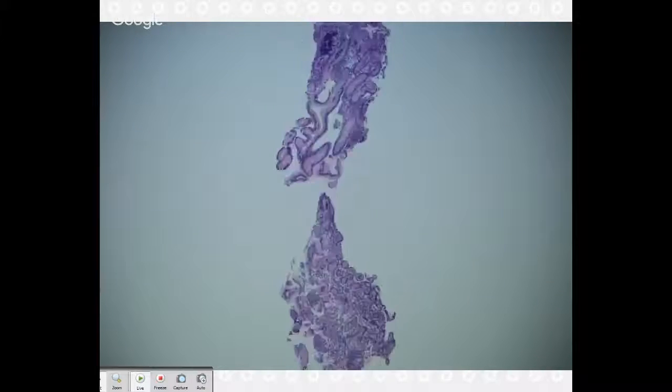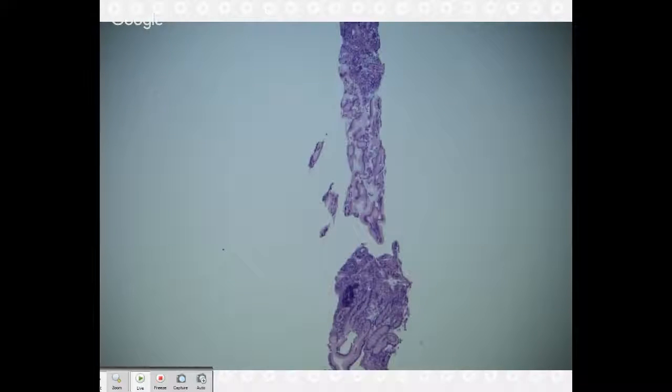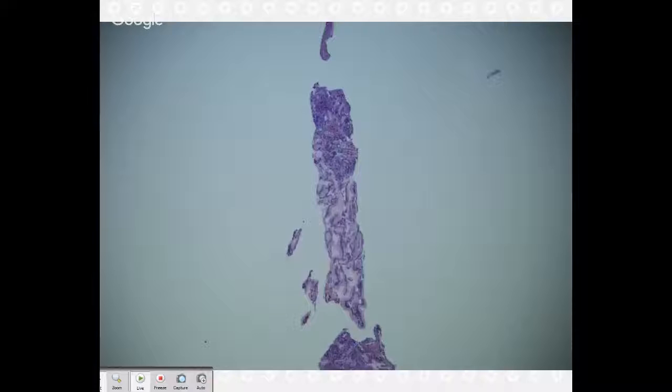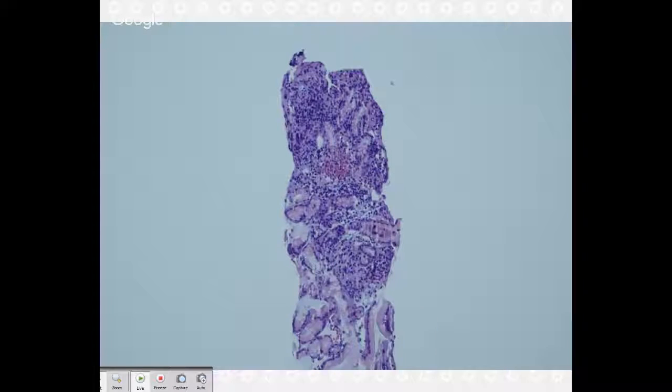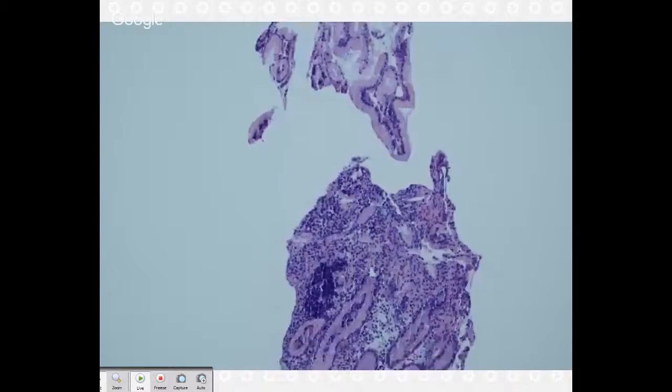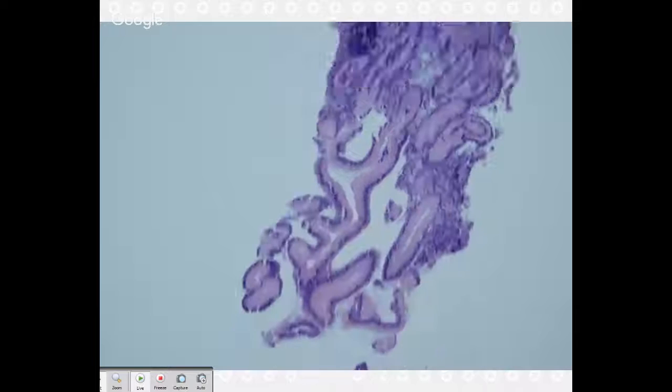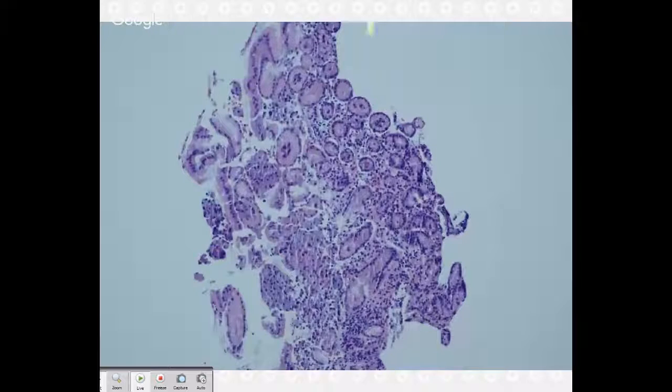You're looking at this biopsy and it looks a little busy. At low power, I thought it was going to be a gastritis, right? Because it's blue. Okay, I'm not in great focus up there, and I apologize. And so you look at it, and yeah, lymphocytes. More lymphocytes, squished mucosa, lymphocytes.